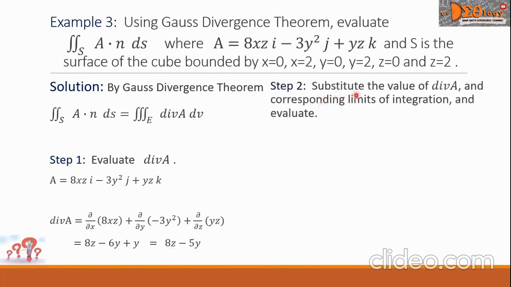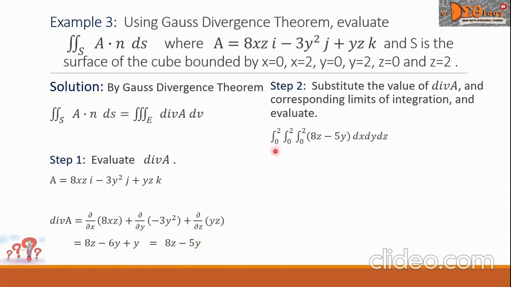For step 2, we substitute the value of div A and corresponding limits of integration, and then evaluate. We write the triple integral to be like this. The dV here is now changed into dx, dy, dz. The div A, we get the value from step 1, the 8z minus 5y.